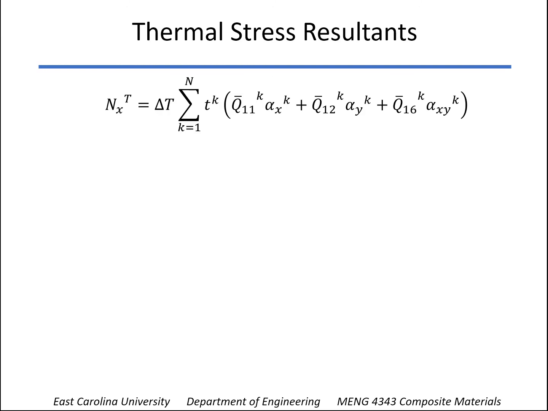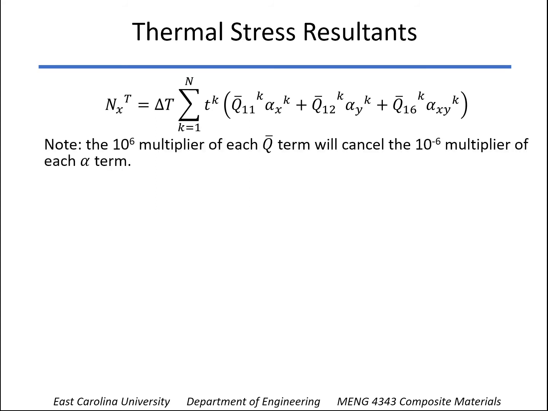All right, so now let's look at N of x thermal. What we're going to do is for each layer, take the first row of the Q-bar matrix, multiply by alpha x, alpha y, and alpha xy of that layer, and then multiply that by the thickness of that layer. We'll sum those up for all 3 layers in this case, and then multiply by the temperature change of minus 150 degrees.